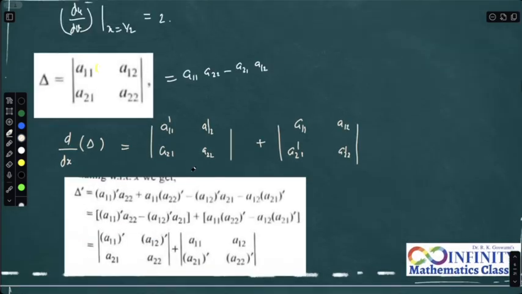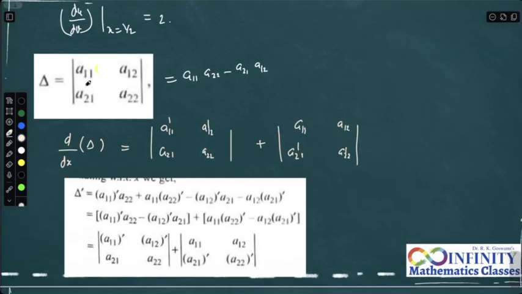If you wish to apply it for columns, differentiate the first column, then differentiate the second column. You can apply the same rule for columns also. Are you getting the point? Same rule for columns also. So yes, this is the statement.